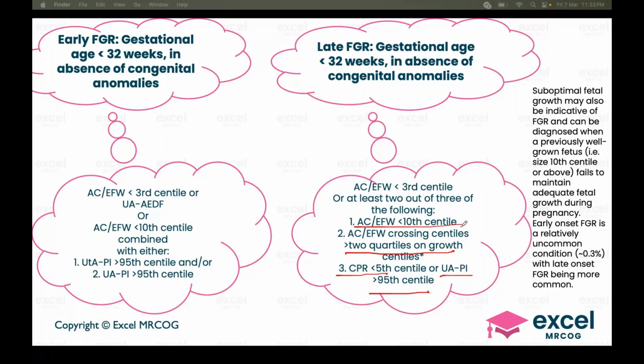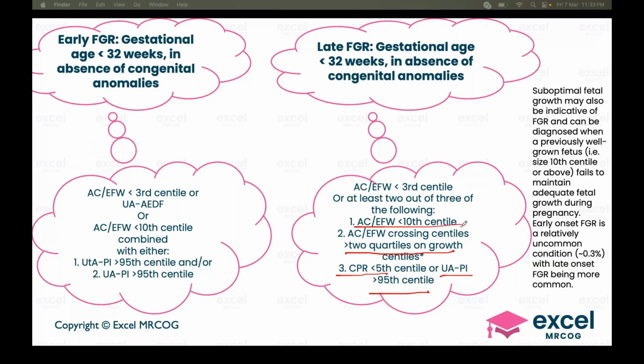So in this box at the side, it is mentioned that suboptimal fetal growth may also be indicative of FGR. That is what we just said, that it is the growth velocity that is important, and FGR can be diagnosed when a previously well-grown fetus, that is size 10th centile and above, fails to maintain adequate fetal growth during pregnancy, right?